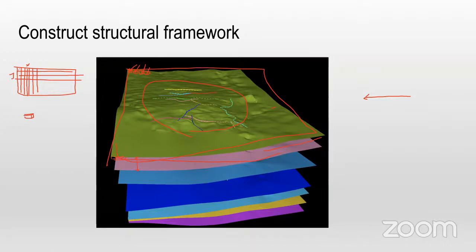If you have very coarse, or you increase the dimension of the cells, you have a coarse grid. But as a reservoir modeler or geologist, you want to see all of the geologic features. So most of the time, geologists or reservoir modelers create a very fine grid to see all of the geologic features.